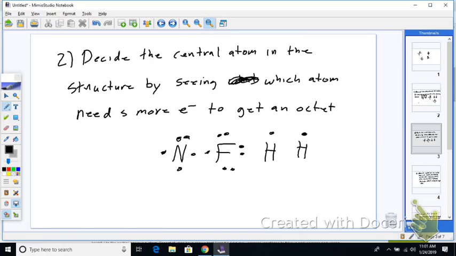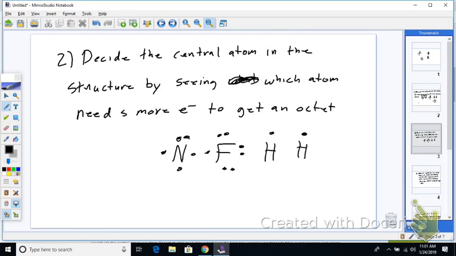Okay, so the next one, it says decide the central atom in the structure by seeing which atom needs more electrons to get an octet. So which one needs the most to get an octet? Hydrogen. Okay, so that's the reply when we first go through this.